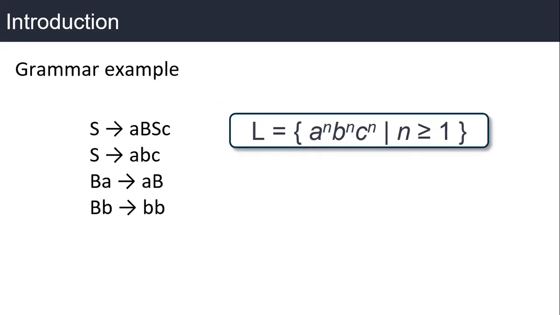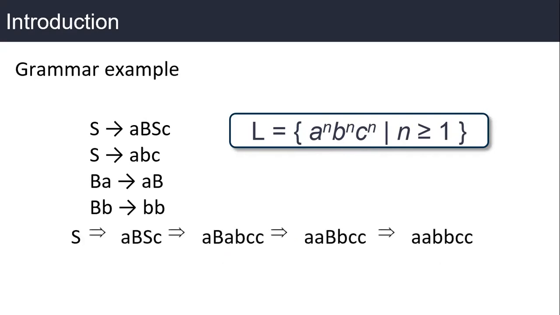This is a simple example of grammar, showing the string A followed by B followed by C, where A, B and C are of equal numbers. This is a simple string of the given grammar.